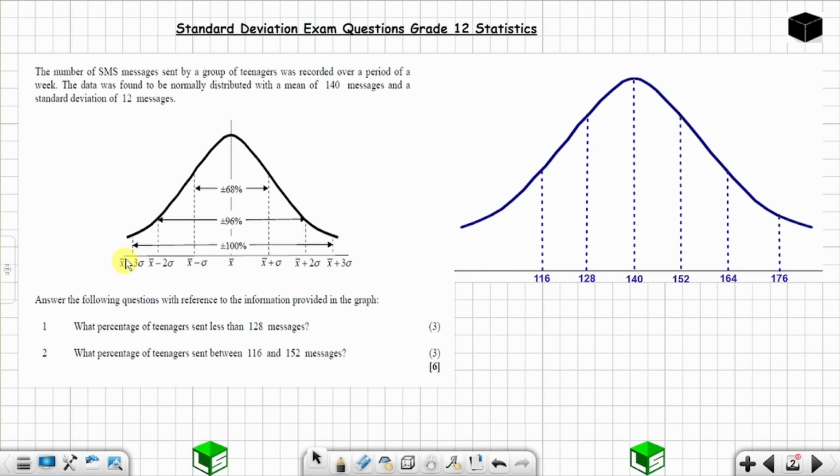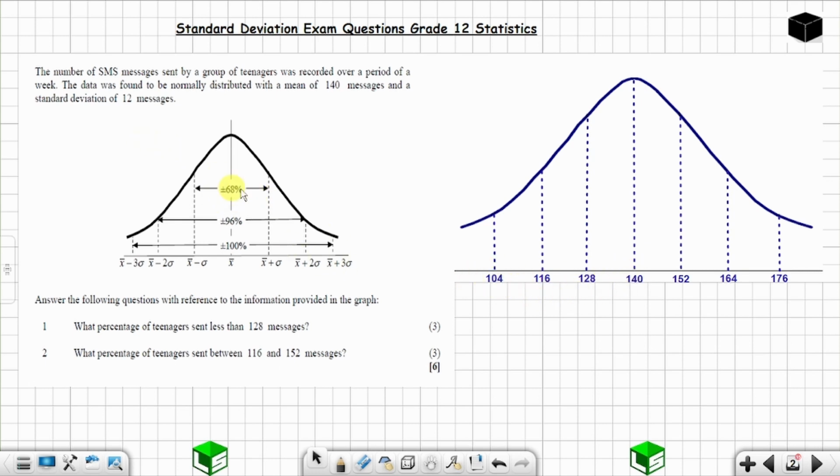Now you have 3 standard deviations to the left of the mean. You're going to subtract 12, and you are going to have 104. So this is 3 standard deviations to the left of the mean.